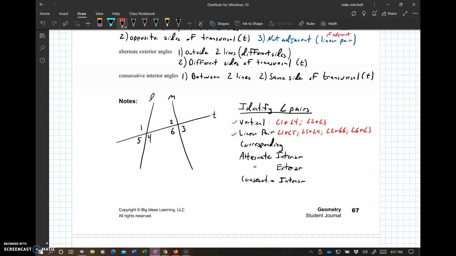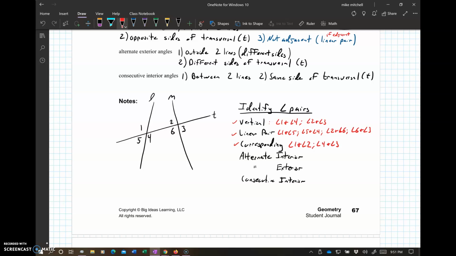Corresponding angles. Okay, that's going to be the same relative position. Pause it, give it a shot. Don't worry if you make a mistake. Thank you for pausing it again. So that would be angle 1 and angle 2. Did you get those? If not, pause it again. Look at your other answers. Okay, next I got angle 4 and angle 3.